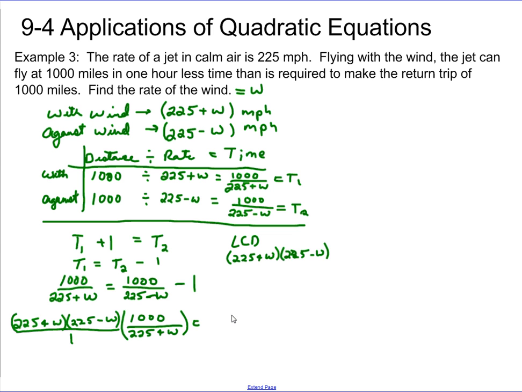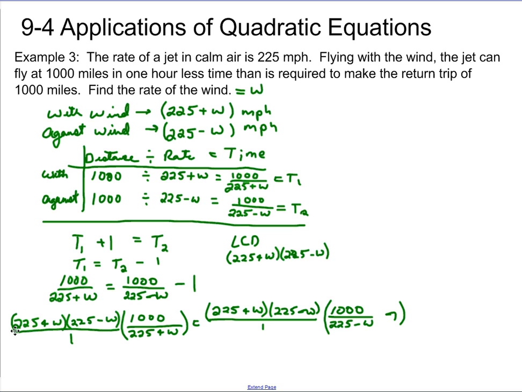will equal, we're going to take 225 plus W times 225 minus W, put that all over 1, times our quantity, 1,000 over 225 minus W minus 1. How does that look?